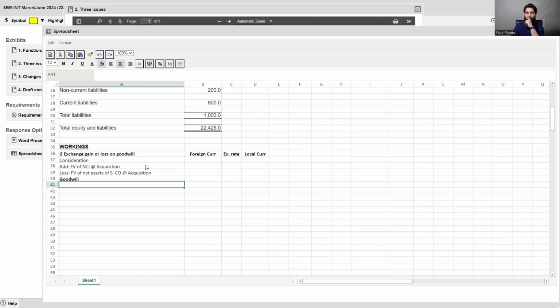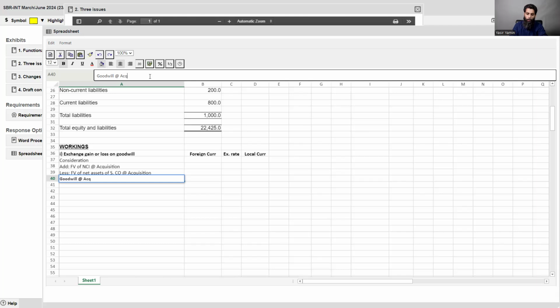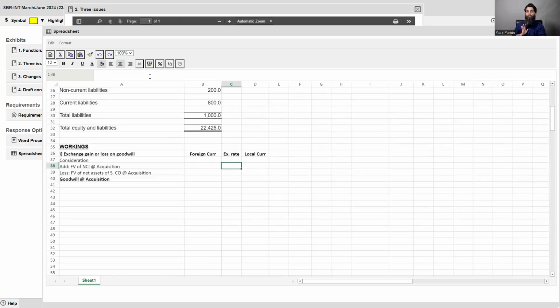Make sense? Now, always remember that while you are calculating goodwill at the date of acquisition, the only exchange rate relevant to you is the exchange rate at the date of acquisition.